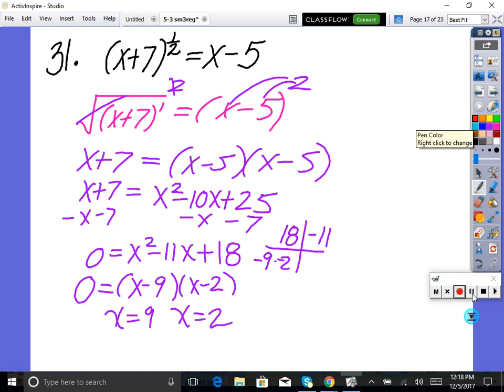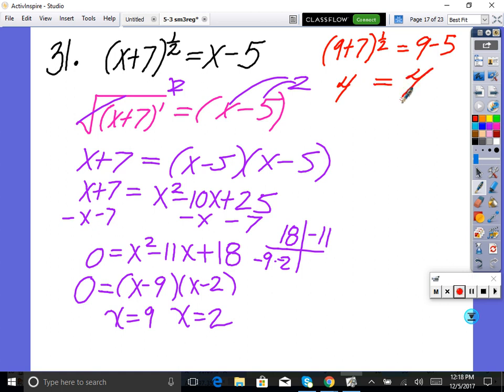Did you get the answer? Okay, good. Check them. Plugging in 9. So we have 9 plus 7 to the 1/2 power. Does that equal 9 minus 5? So type that into your calculator, hit enter. So 4 equals 4. So we get to keep x equals 9.